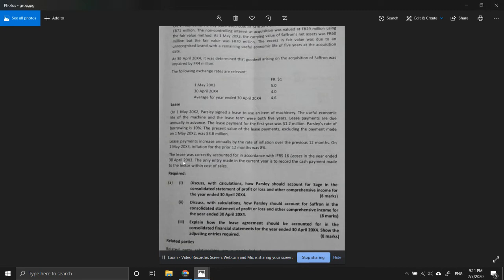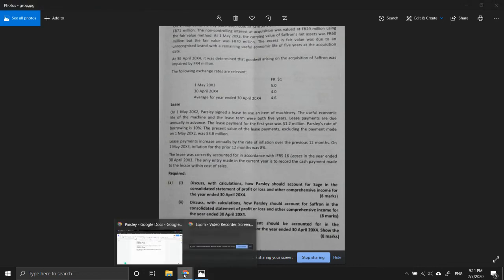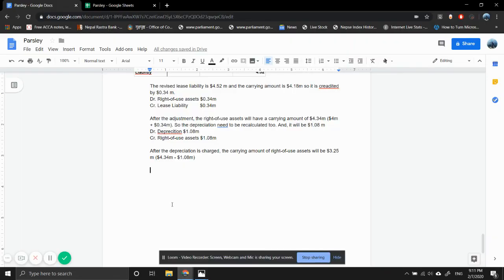No, it does not say that, but the lease was correctly accounted for in accordance with IFRS 16 in the year ended 30th April 20x3. The only entry made in the current year is to record the cash payment made to the lessor within cost of sales. Okay, so you should not have done that. That means we need to remove it from cost of sales and debit it as lease liability, right?